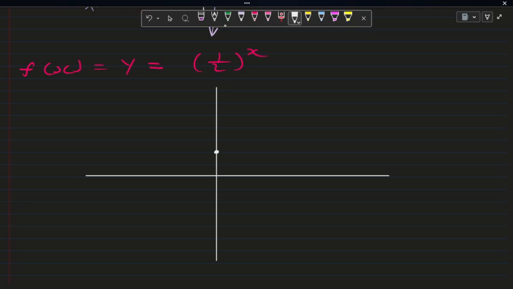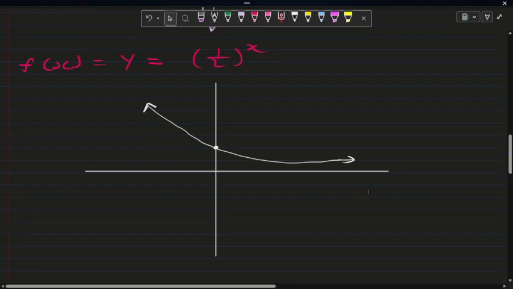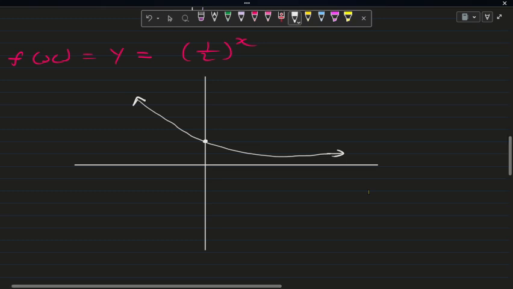Based on the properties of exponentials that we established in our previous sessions, this graph will be a decreasing function. So it's just a decreasing exponential like that, and this point has the coordinates 0 and 1.